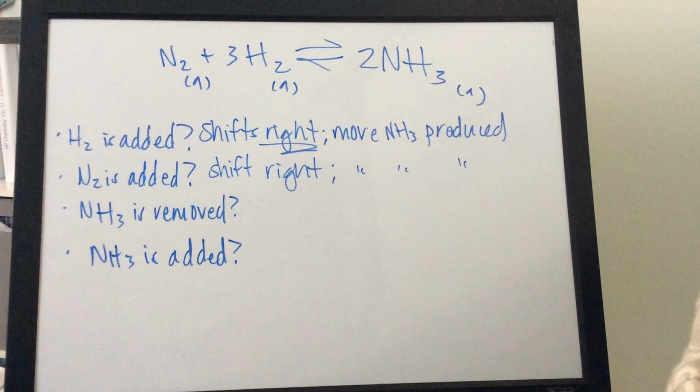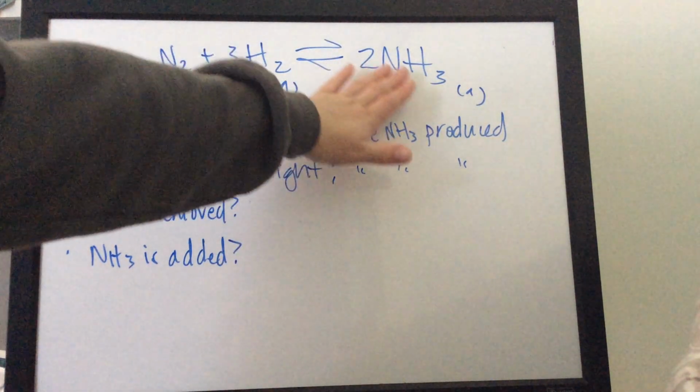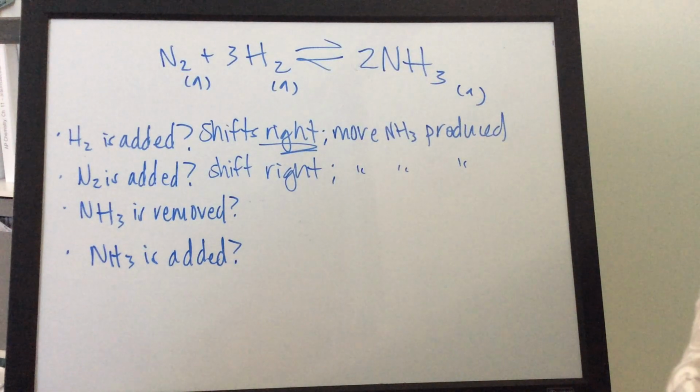Okay, so the third one. What happens if NH3 is removed? If I take some of this away from a system that's already at equilibrium, so this is that second bullet point where I don't have enough anymore. In this case, I don't want to use more up.